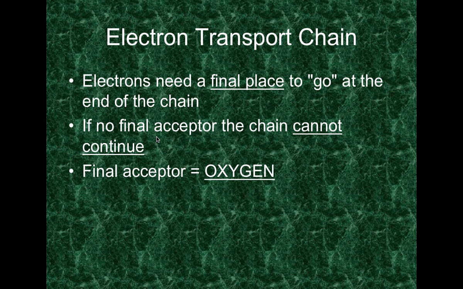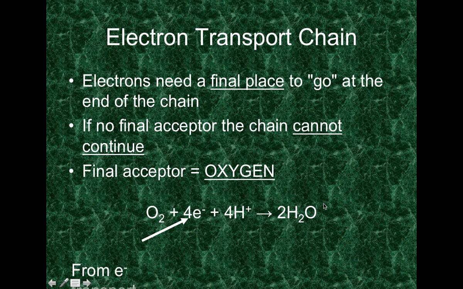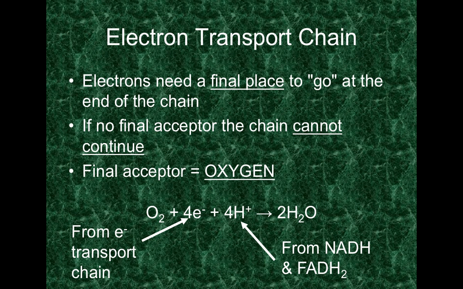So the final acceptor in this, excuse me, is going to be oxygen. And this is how it works. The oxygen takes 4 electrons that have gone through the electron transport chain and 2 of the hydrogen ions, and it makes water. So the electrons are from the electron transport chain, and the H pluses are coming off of the NADH and FADH2 as part of chemiosmosis.